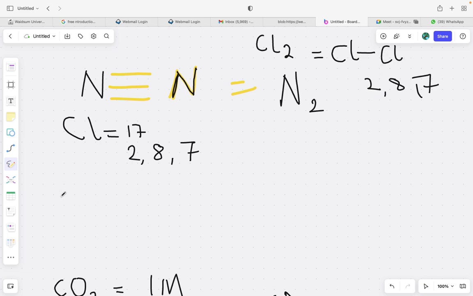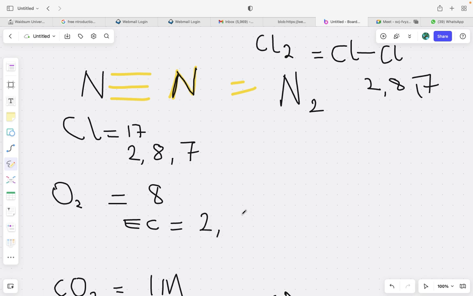But oxygen, in the case of oxygen, the atomic number is 8. If you do the electronic configuration, the first shell will take the maximum of 2 electrons.